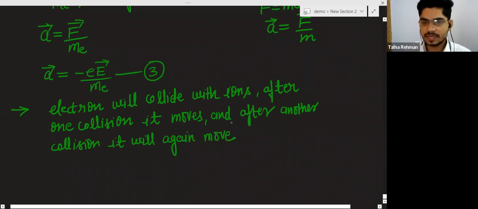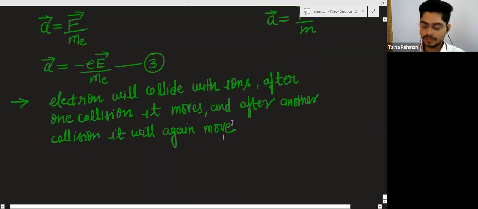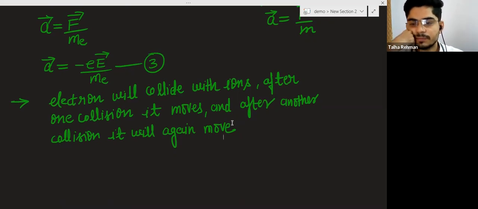So what happens inside the conductor? There are electrons and there are ions. So now there is a force on the electrons.